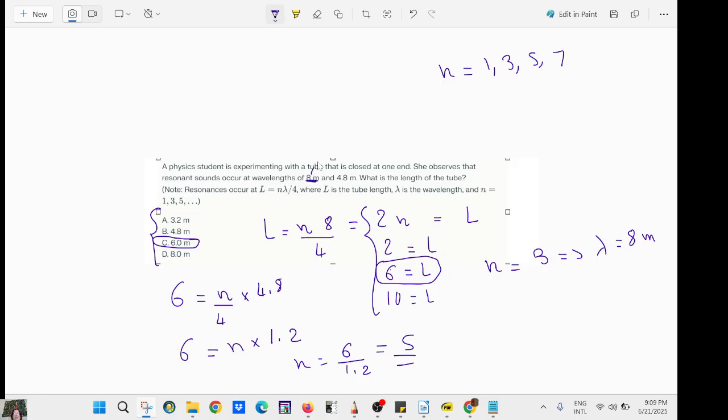So this is for n equals 3, and this is for n equals 5. So you see lambda gets smaller and the frequency gets larger. Okay, so you don't have to use this one. You can use that one to check, but to go faster, you can just use this one.